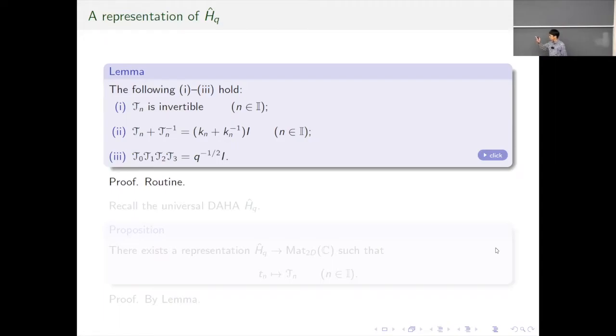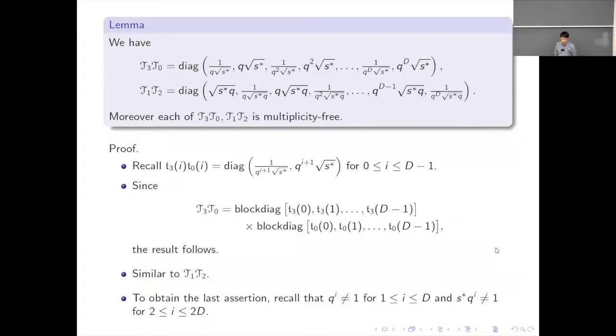This directly follows from the 2 by 2 case. For the last condition, Tau naught, Tau 1, Tau 2, Tau 3 is equal to Q to the negative 1/2 I. This is from the previous lemma.